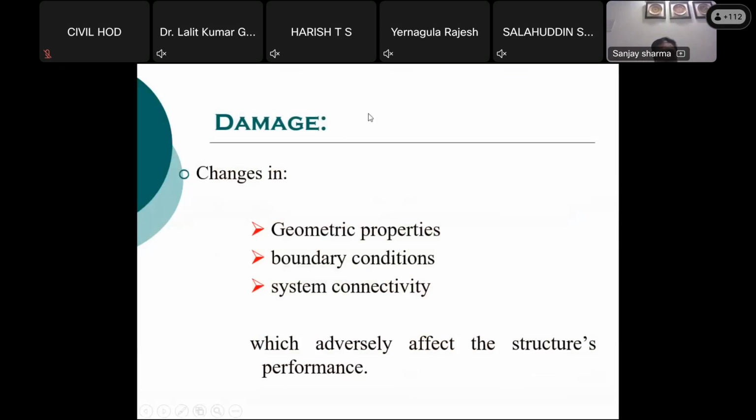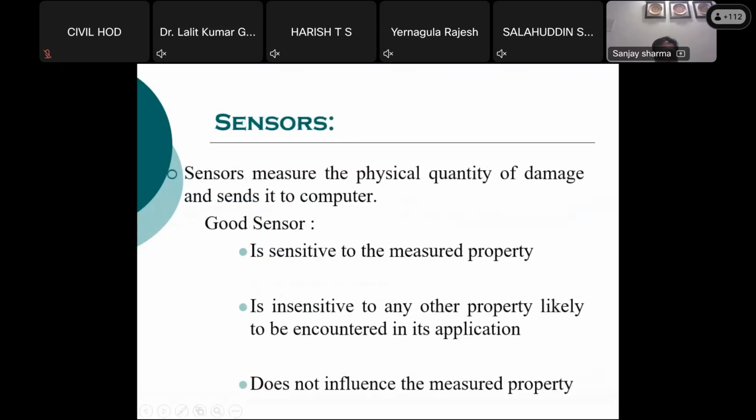So we need to identify whether changes are taking place in the geometric properties, in boundary conditions, in system connectivity, etc. And how they are impacting the structure, basically its performance, is important.